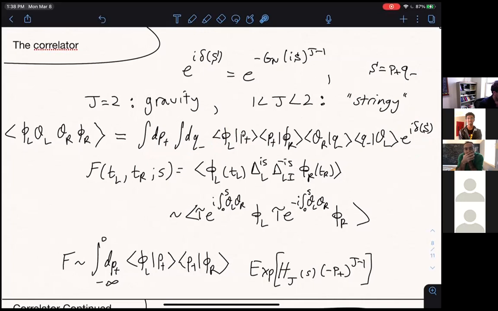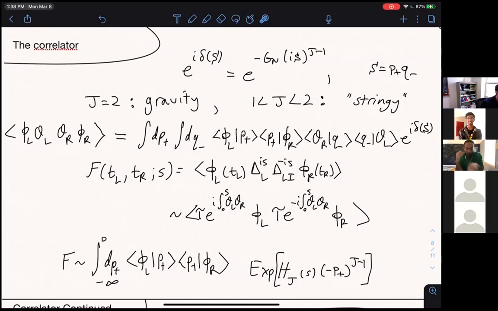They're a bit of a pain, but what you end up with is the following: that our correlation function f, which we want to compute, is some integral against the momentum wave functions times some exponential of the momentum raised to some power. And all of the s dependence of this, the modular flow s, is in this coefficient here in the exponential.